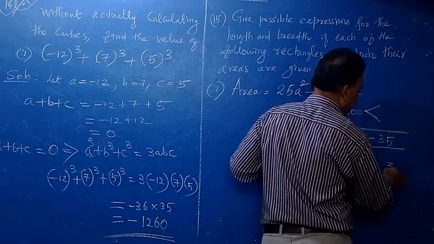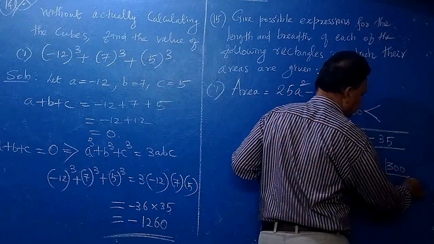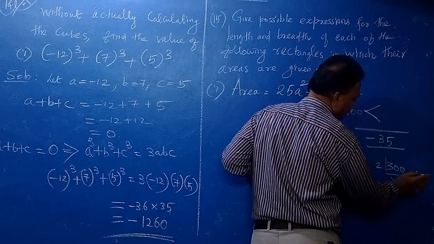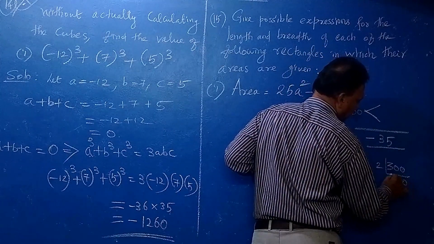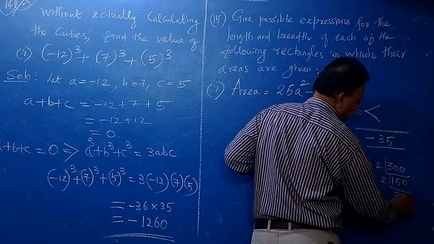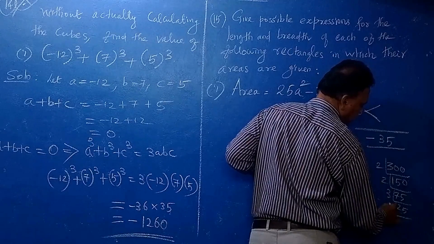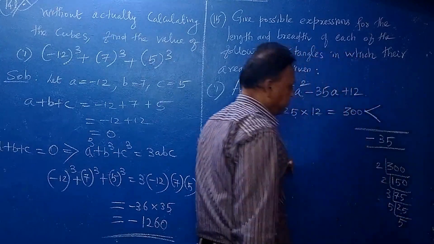So you make the factors of 300. Here 2 table, how many times will it go? 150. Again 2 table, 75. Again 3 table, 25. Again 5 table, 5.